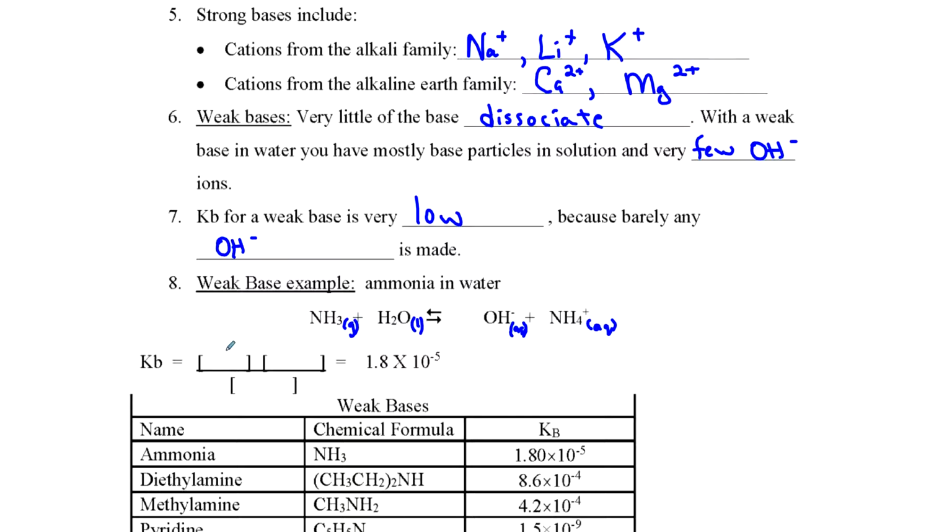So for this one, to calculate Kb, we would take our product concentrations and divide by, in this case, we do not use water because it's liquid, but a gas has a variable concentration, so you can use NH3 on the bottom. And when you calculate the Kb value, you get 1.8 times 10 to the negative 5, so quite a small value.